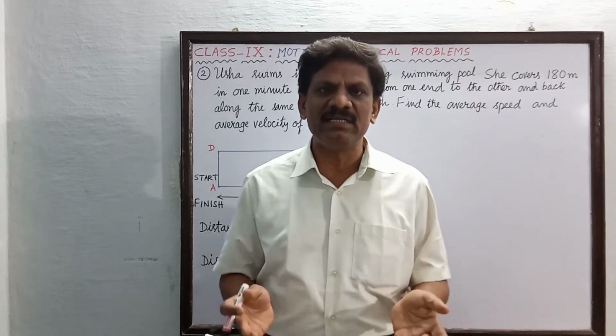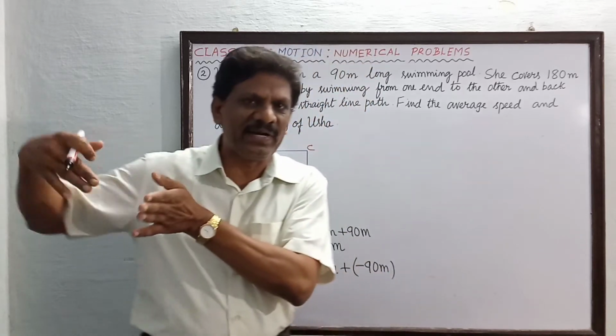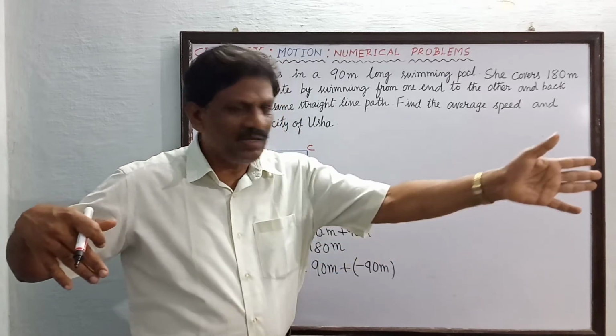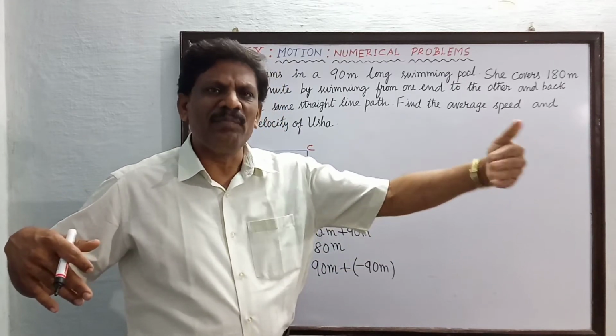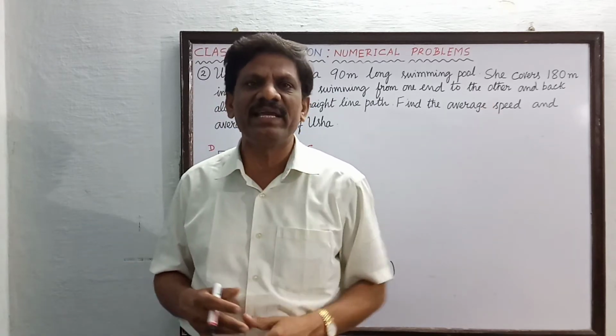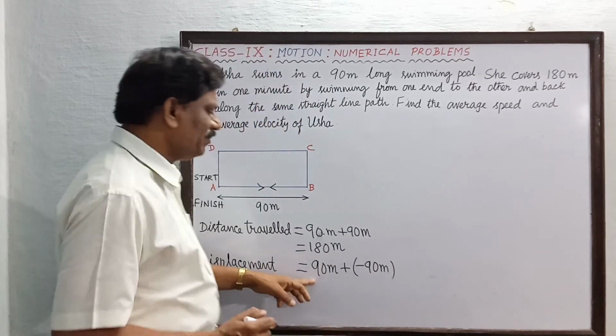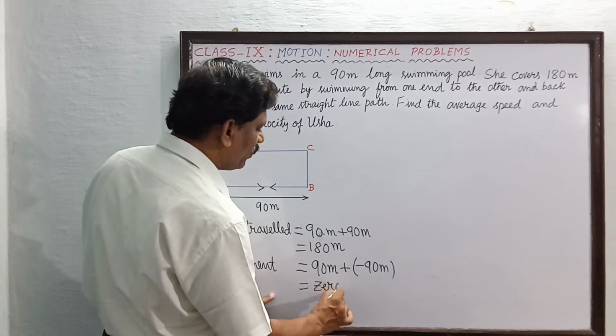It is because displacement is a vector quantity. With respect to the initial point A, initially up to B you are traveling in the forward direction. But next from B you are coming towards A in the opposite direction. Therefore, a negative sign. So 90 meter plus minus 90 meter is equal to 0.